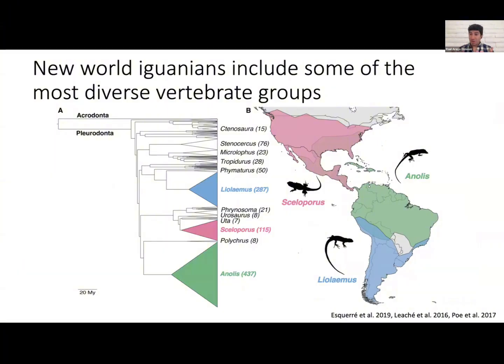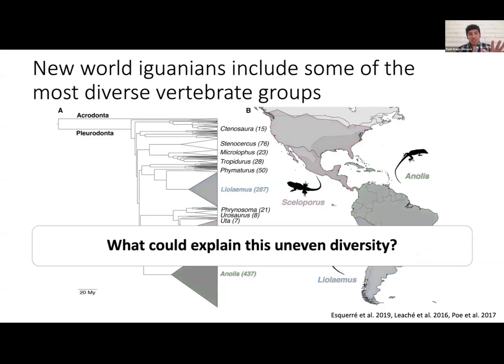That's a lot of diversity. But on the other hand, we have some groups that are really species poor. For instance, the Polychrus lizards, which are sister to anoles, only have 8 species. So there is a differential way of accumulating diversity in these groups. In that context, the question is, what could explain this uneven diversity? That's what we need to understand, right?